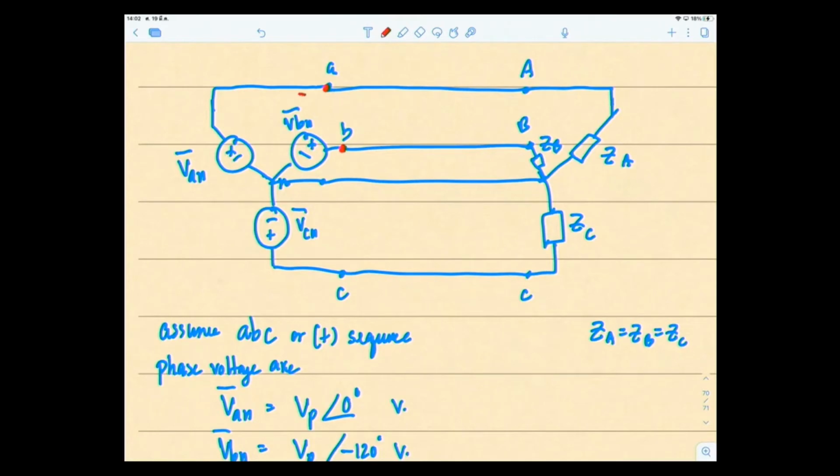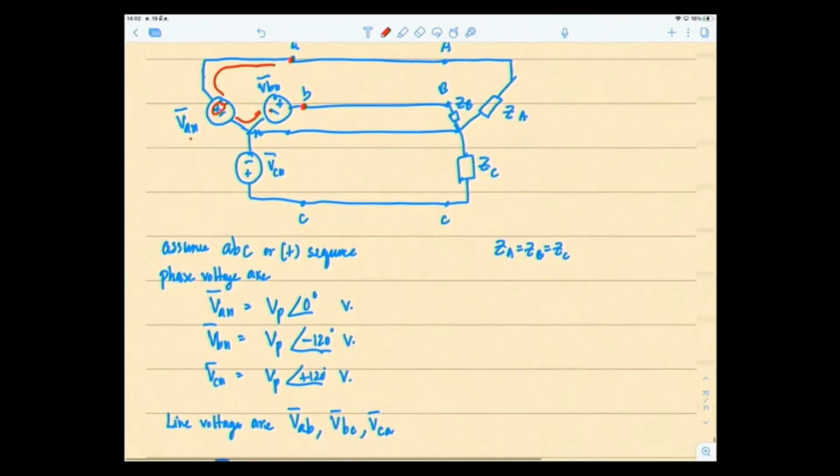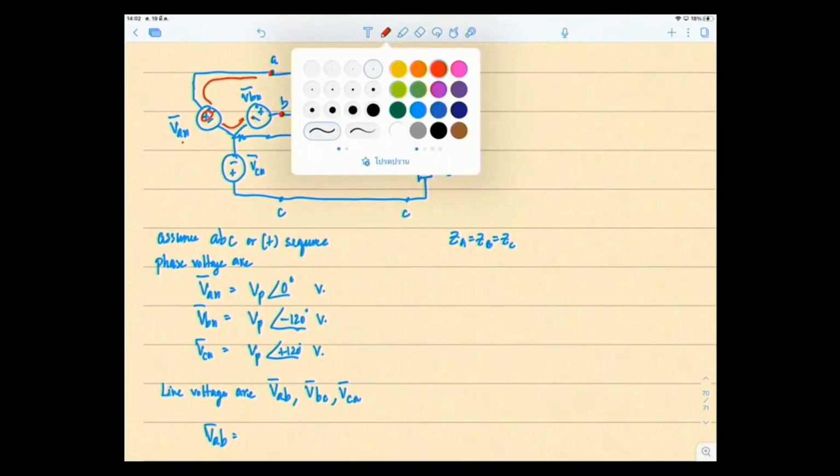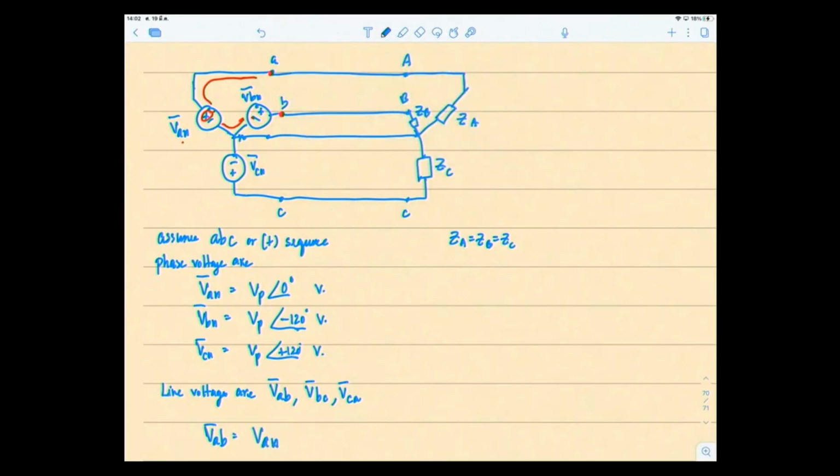As I walk along to my destination, I see a positive sign first, positive VAN, and then I see negative VBN, then I reach my destination B. So VAB is equal to VAN minus VBN.